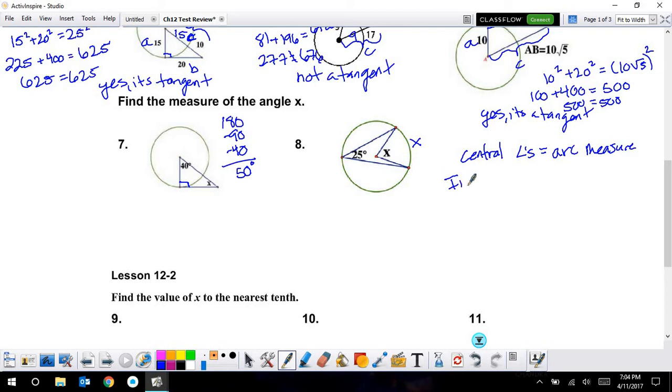You also know from inscribed angles, which in this case is 25 degrees, that it's equal to half the arc. So, if the inscribed angle is 25 degrees, and that's equal to half the arc, then to get rid of the half, I would multiply by 2. So that means the arc is 50 degrees. Well, if the arc is 50 degrees, then that means the central angle, x, is also 50 degrees.